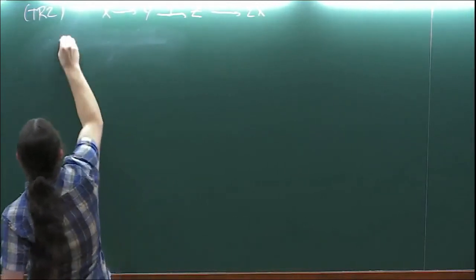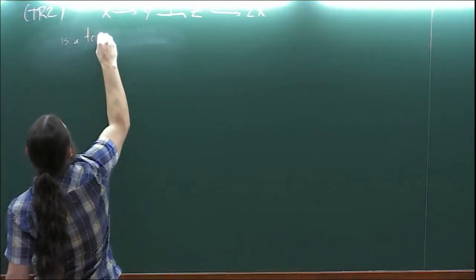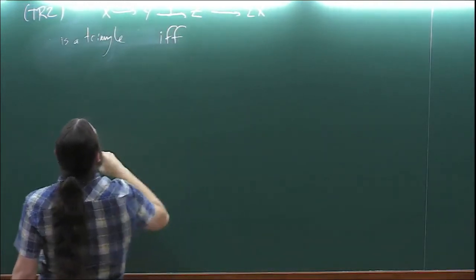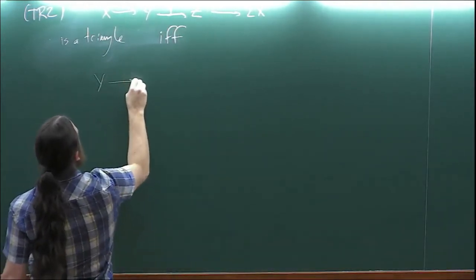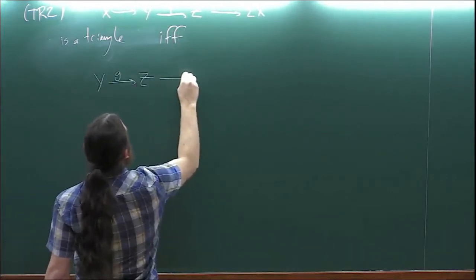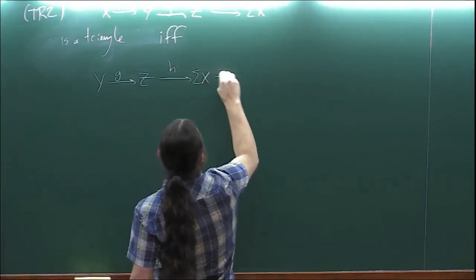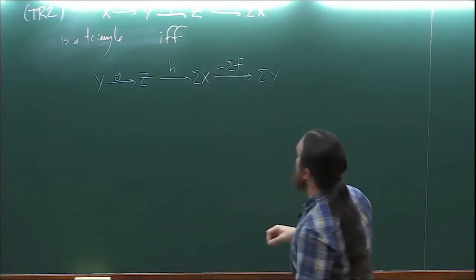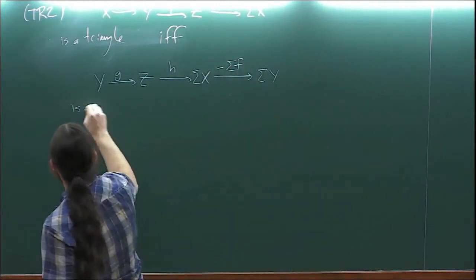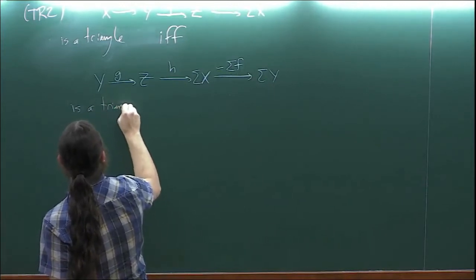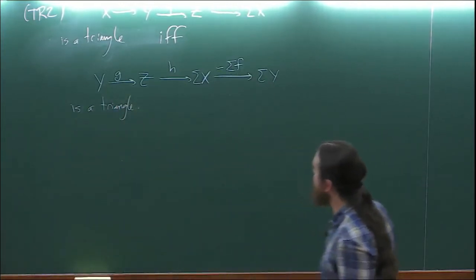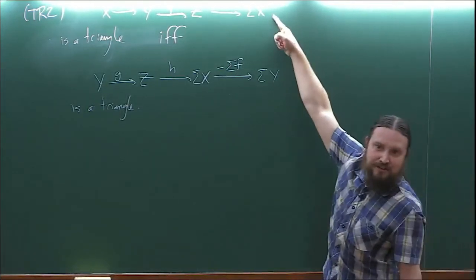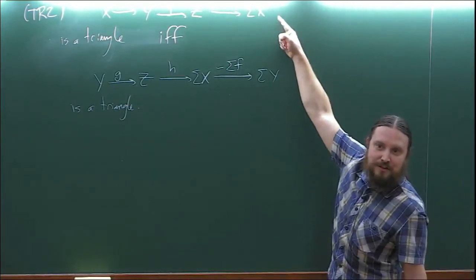This sequence is a triangle if and only if the following sequence, which I will call the rotation, is a triangle as well. And I call this the rotation of this triangle for obvious reasons.